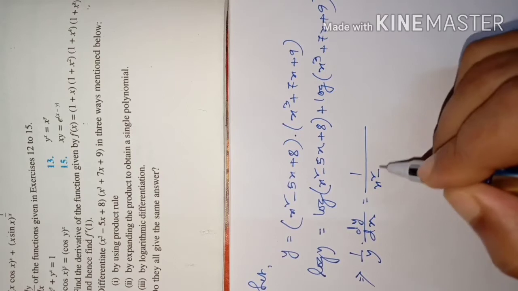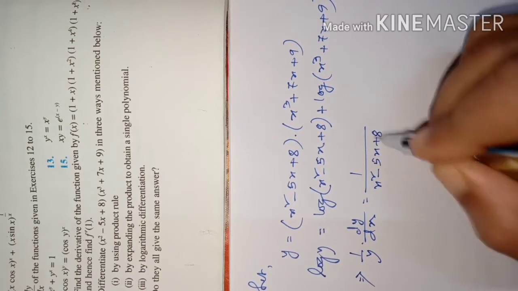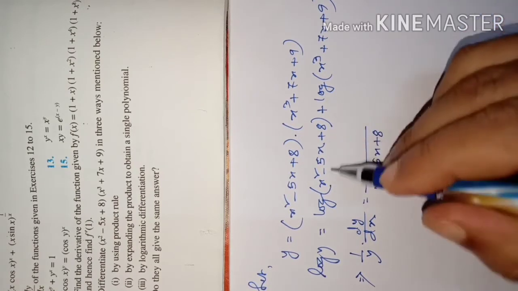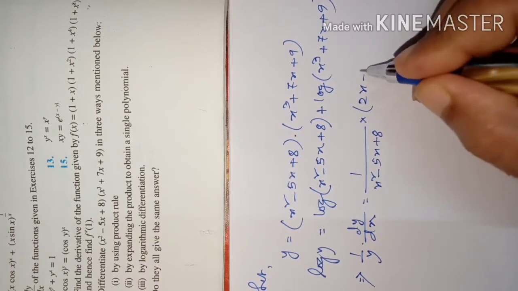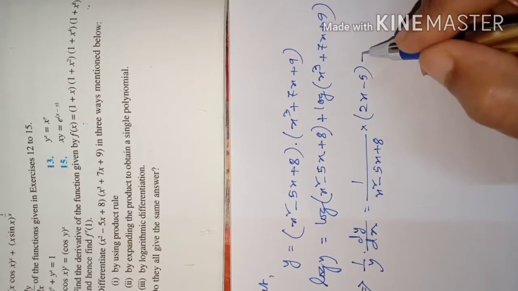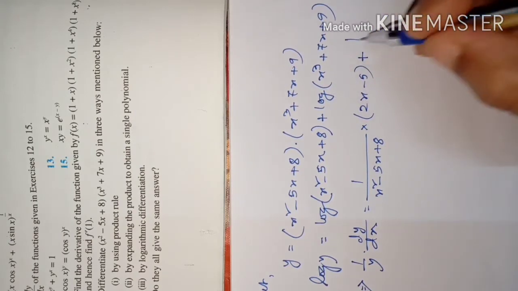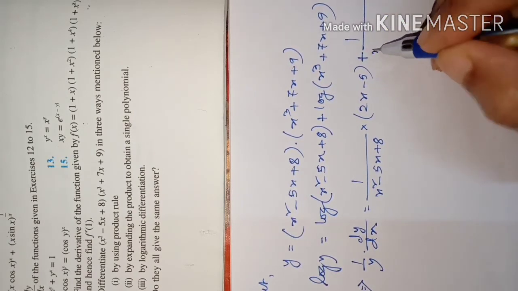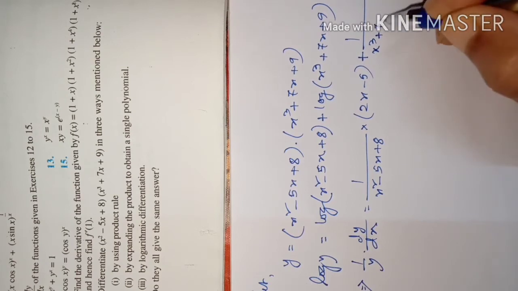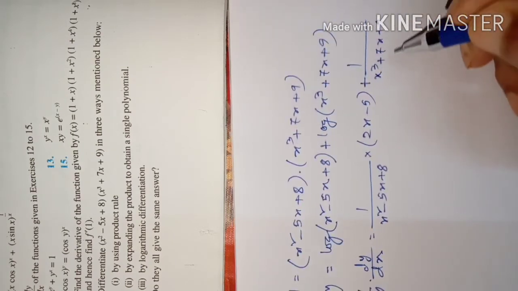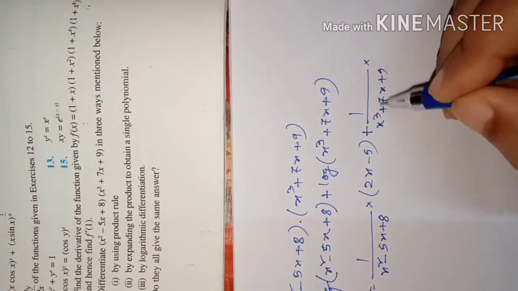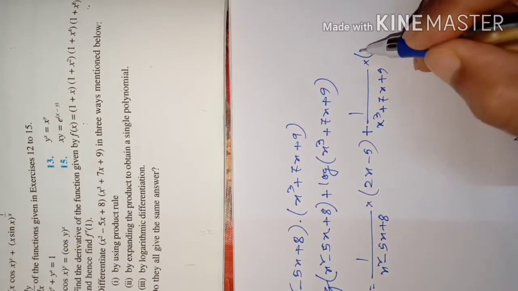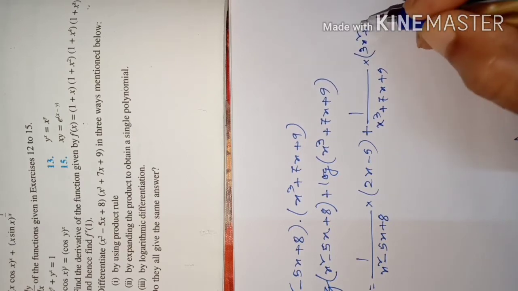x square minus 5x plus 8. Then differentiation of this one, x square minus 5x will give us twice x minus 5, plus its differentiation 1 by x cube plus 7x plus 9 into, x cube plus 7x plus 9, its differentiation 3x square plus 7.